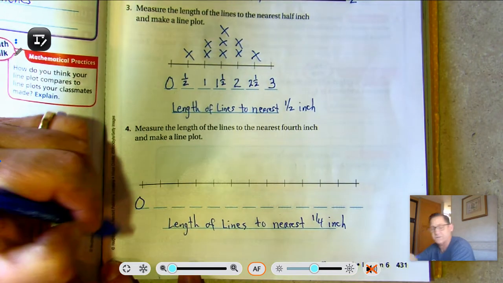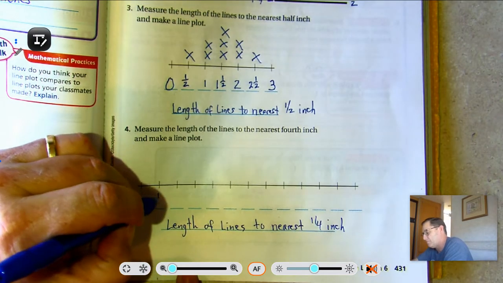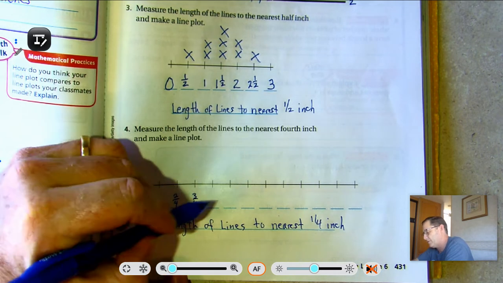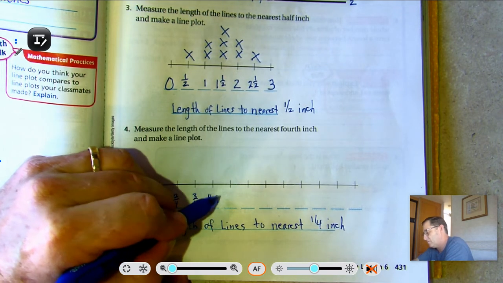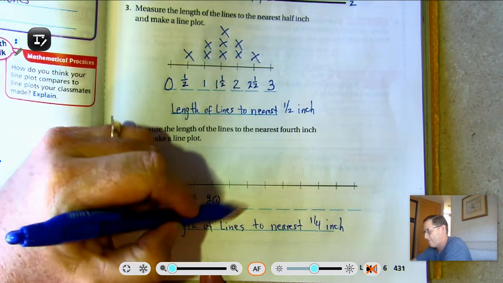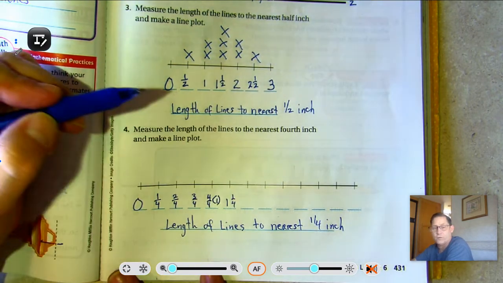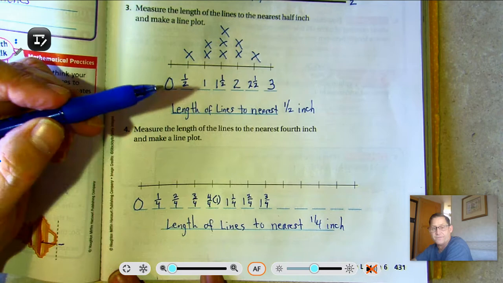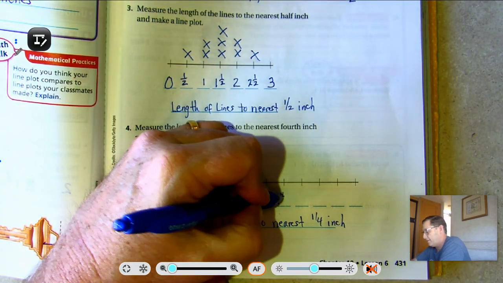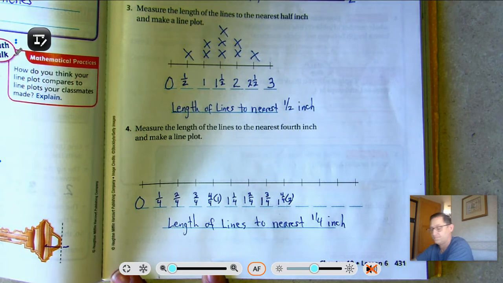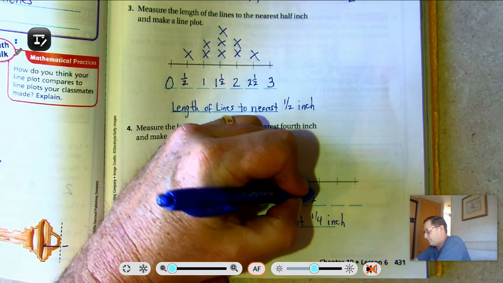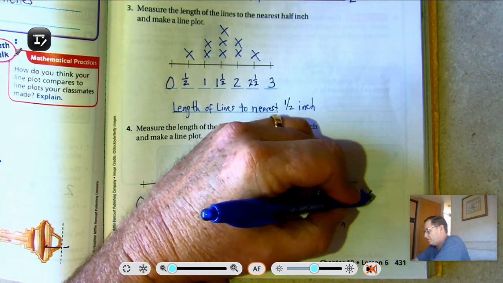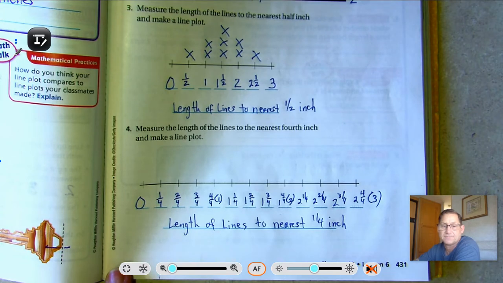And we're still going to start with 0, but now each line will be 1/4. 1/4, 2/4, 3/4, 4/4, or 1, 1 and 1/4, 1 and 2/4, 1 and 3/4, 1 and 4/4, or 2, 2 and 1/4, 2 and 2/4, 2 and 3/4, 2 and 4/4, which is also the same as 3.